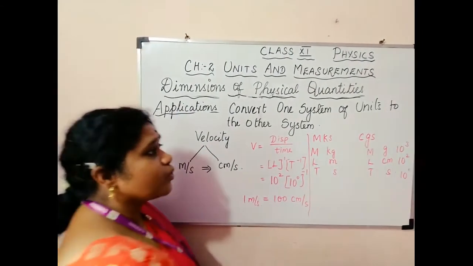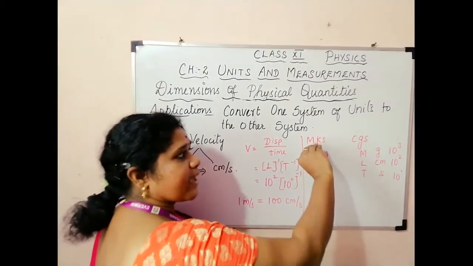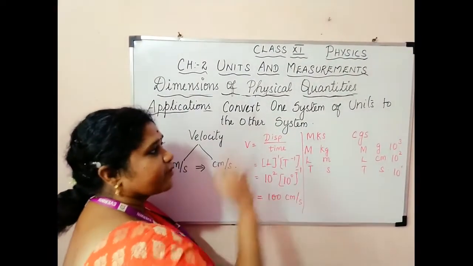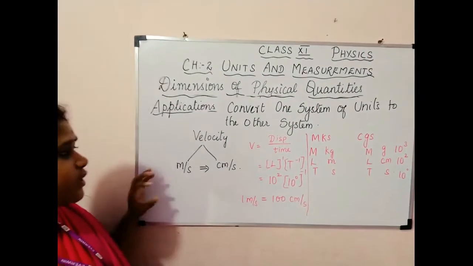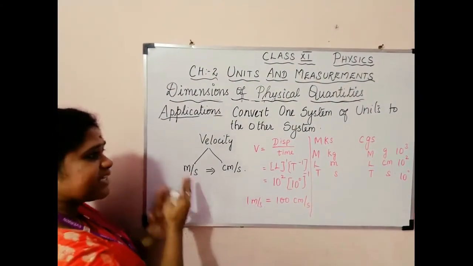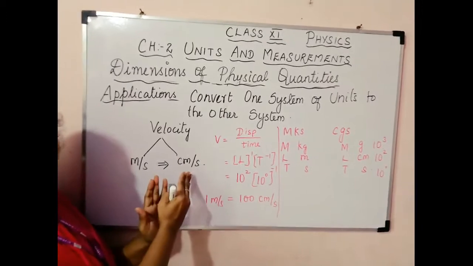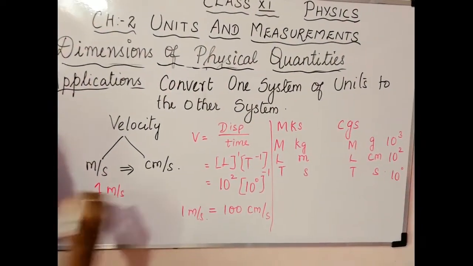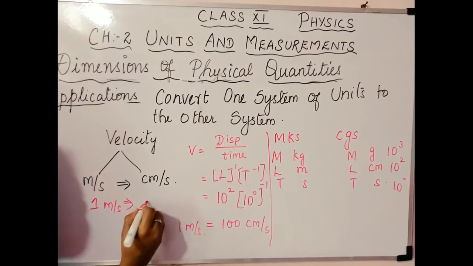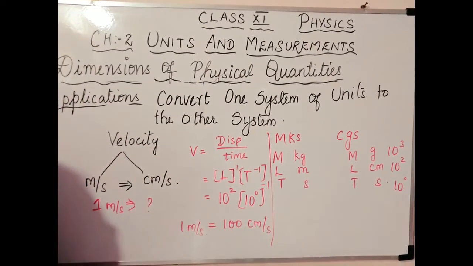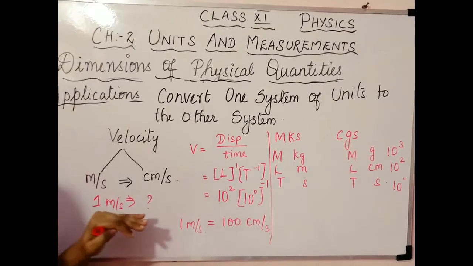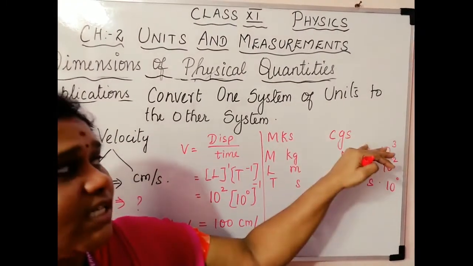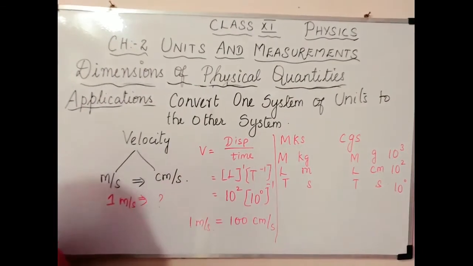You can convert either from MKS to CGS or from CGS to MKS. For example, velocity is in meter per second, and you are going to convert it into centimeter per second, that is MKS to CGS, by using the dimensional formula.